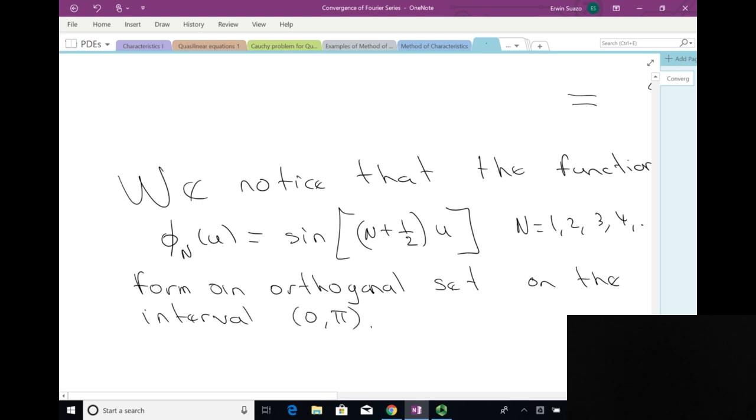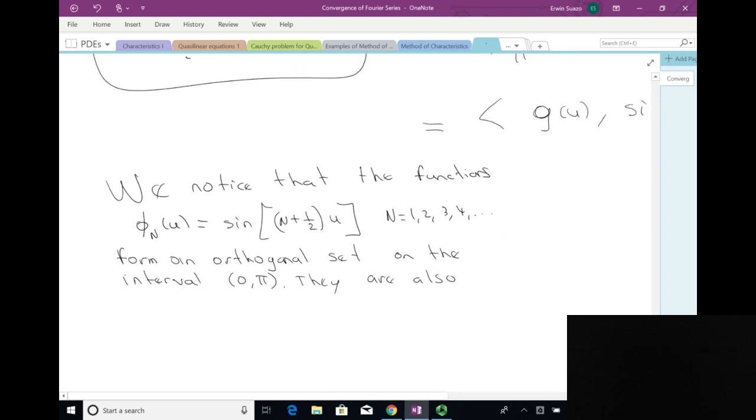Okay, they are also orthogonal on the interval minus pi.